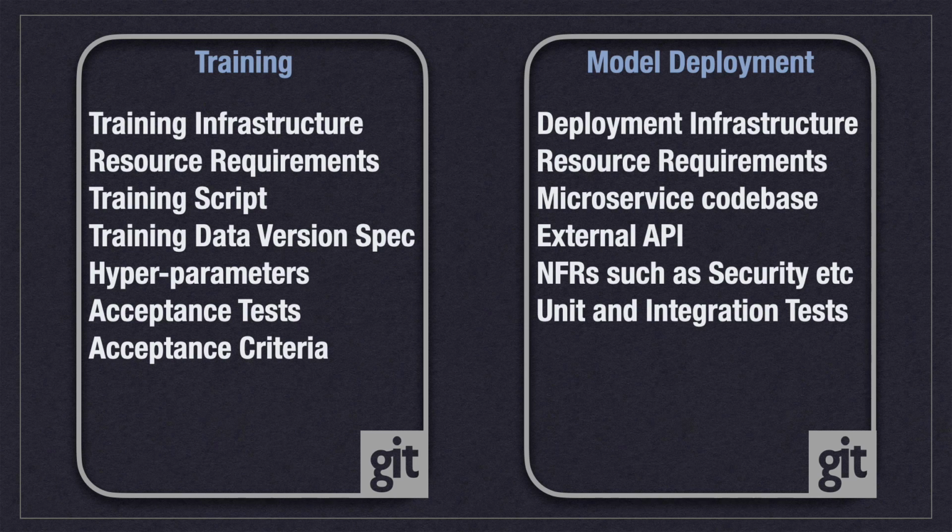And then all of the aspects for handling non-functional requirements, such as security and scalability and things like that. And then on top of that, you have the unit tests and integration tests for your deployed model.